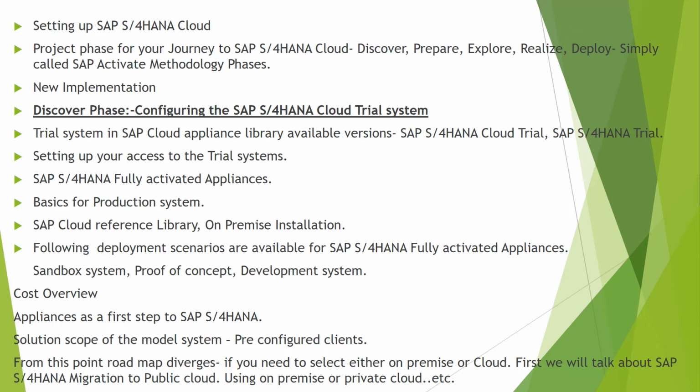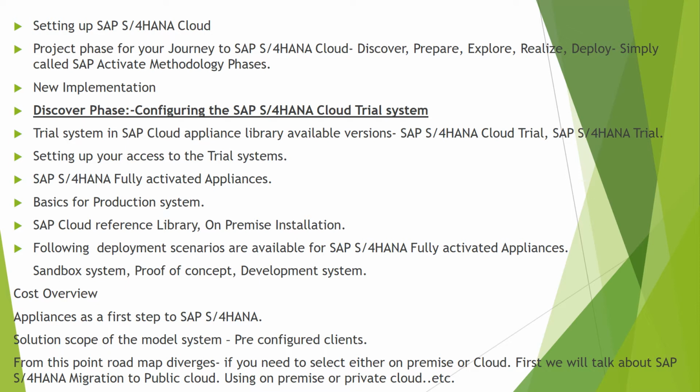If you are not sure yet which deployment model, cloud or on-premise, suits your requirements, you need to discuss the complete steps for migrating to SAP S/4HANA, whether private cloud, public cloud, or on-premise. Whatever scenario you require, you can discuss that. I hope this part of the video is well explained. First we talked about SAP S/4HANA migration to the public cloud using on-premise or private cloud, or whatever the system is looking for.